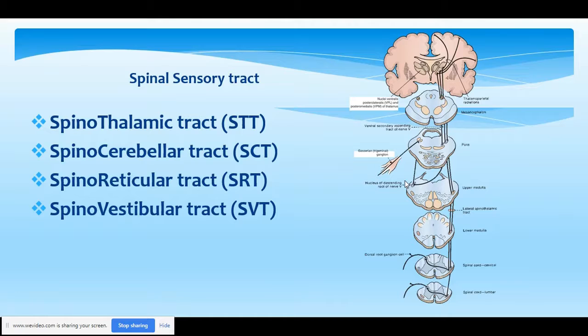So these sensory tracts carry information up to let the higher centers of the central nervous system know about feelings, as well as providing feedback on how the higher center is controlling the motor output at the lower levels of the central nervous system.